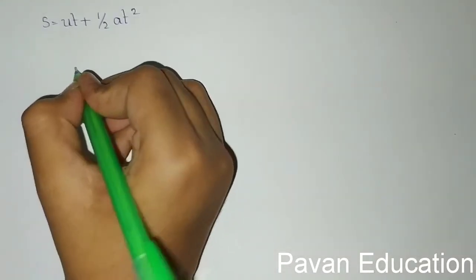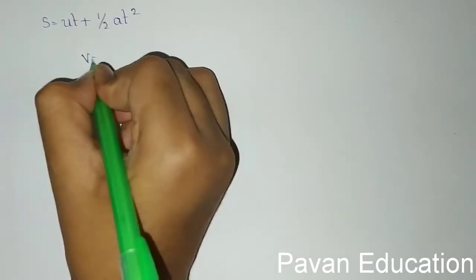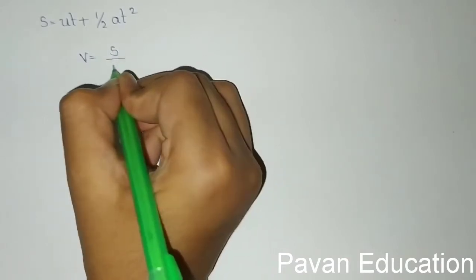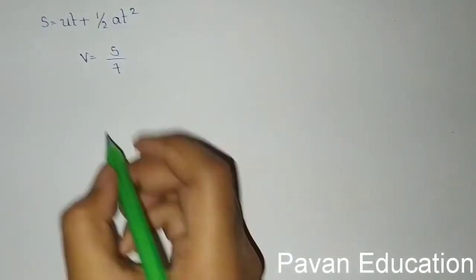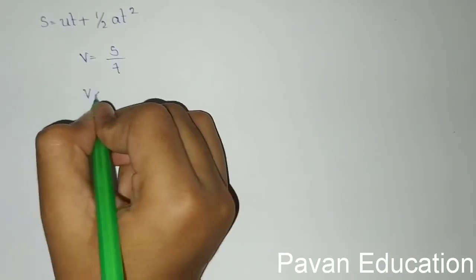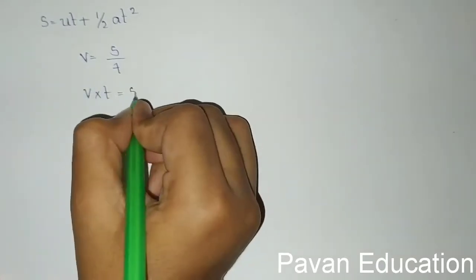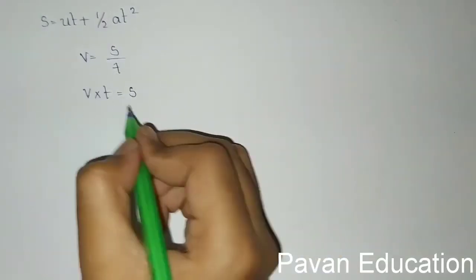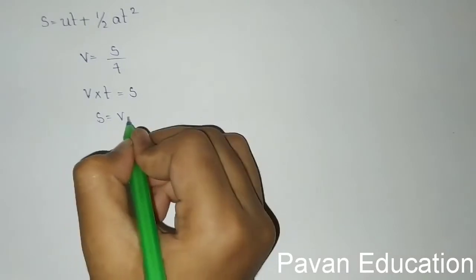The formula for velocity is displacement divided by time, v equals s divided by t. If we send t to the other side, it becomes v into t equals s. That is, velocity into time equals displacement. So s equals v into t.